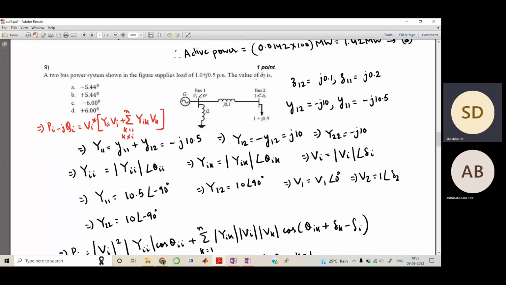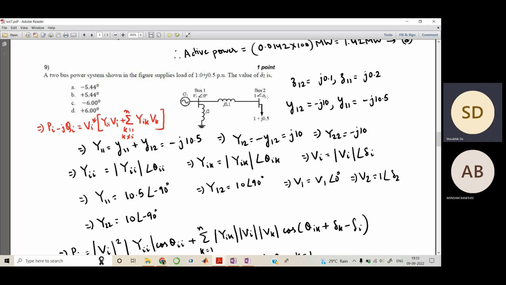Now they have told us to find the value of delta 2. For this we need to calculate the real power and the reactive power. We will get two equations and two unknowns. We will solve them and get the voltage at the corresponding bus and also the load angle, delta 2.